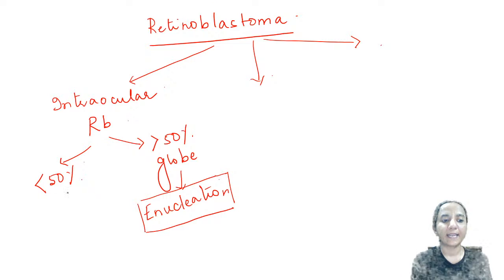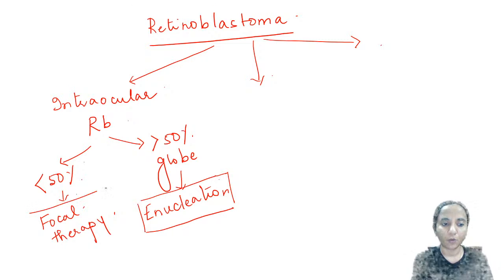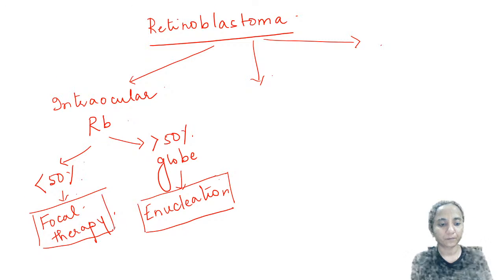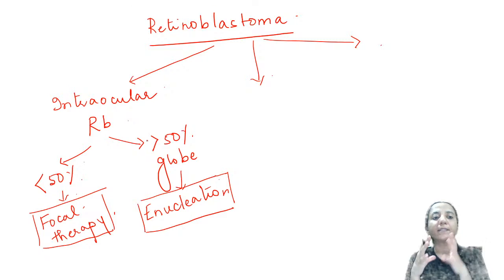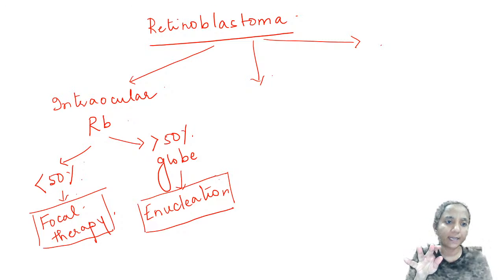But if they say that it's an intraocular retinoblastoma, but it is small, then you have to mark focal therapy as your answer. Focal therapy means that you treat just the mass, but you do not remove the eyeball. So if it is confined to the globe but it is large, you mark enucleation; if it is inside the eyeball but small, you mark focal therapy.